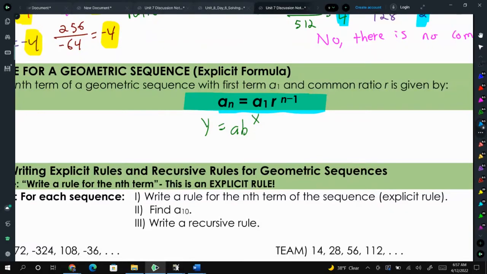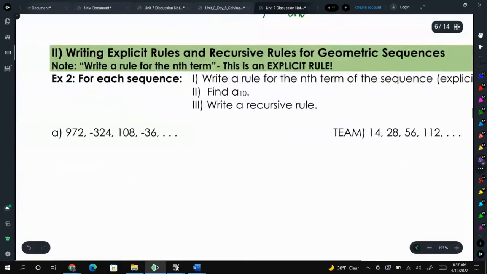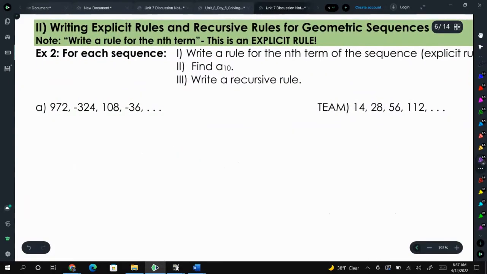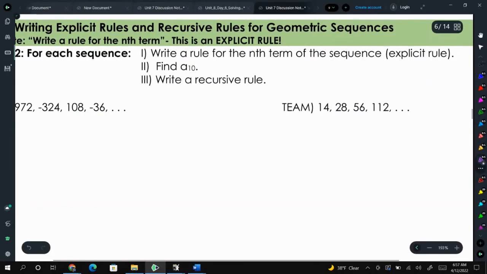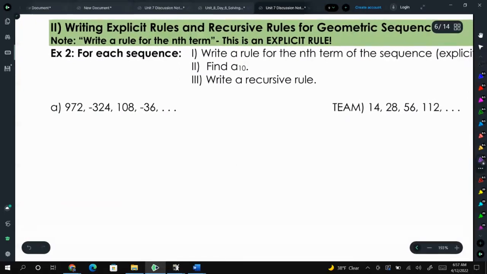Instead of it being just a single variable, it's n minus 1. Let's look down here. For each sequence, write a rule for the nth term of the sequence, which is your explicit rule. Find the 10th term, and then write a recursive rule.